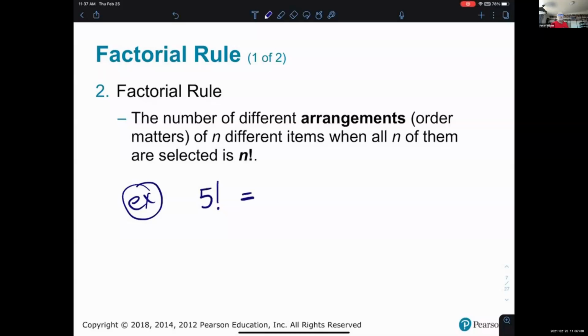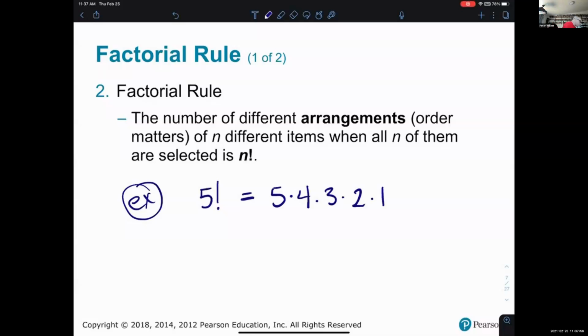When you write a number followed by the factorial symbol, the way you do the calculation is you start with that number 5, and then you multiply it by each number below it one at a time down to a 1. 5 times 4 times 3 times 2 times 1. So n factorial means start with the n number and start multiplying as you subtract 1 each time until you get down to a 1.